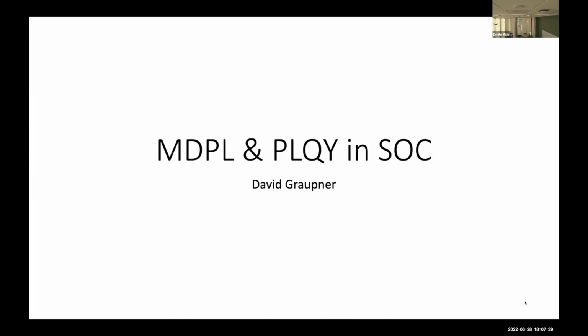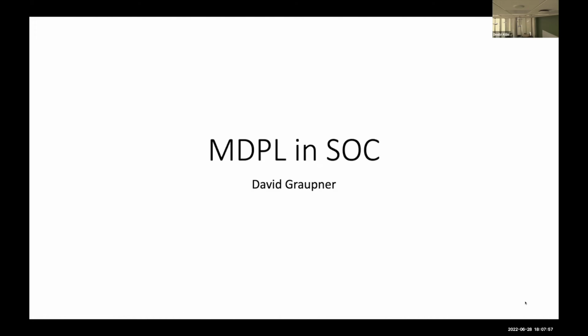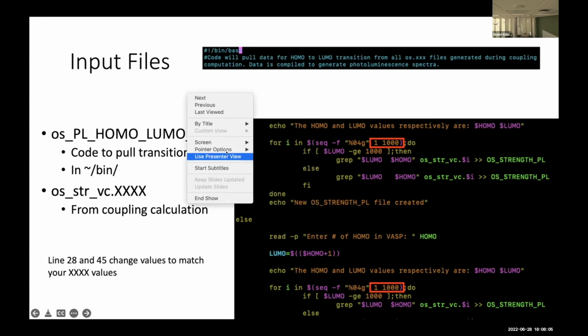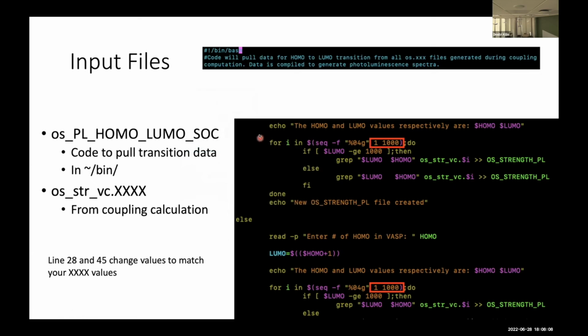So I am going to talk about 2 more observables we can examine in our calculations: MDPL, which is the molecular dynamics photoluminescence, and photoluminescence quantum yield. So we're going to start with MDPL. With your spin orbit calculation, there is a code that is in the bin on NERSC, modified from a code by Human. It's OS_PL_scripts.